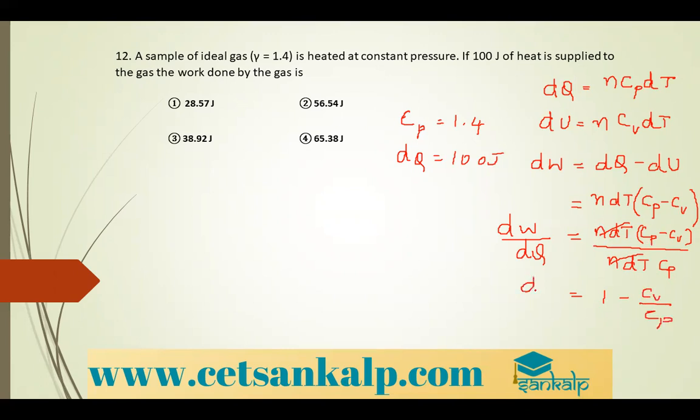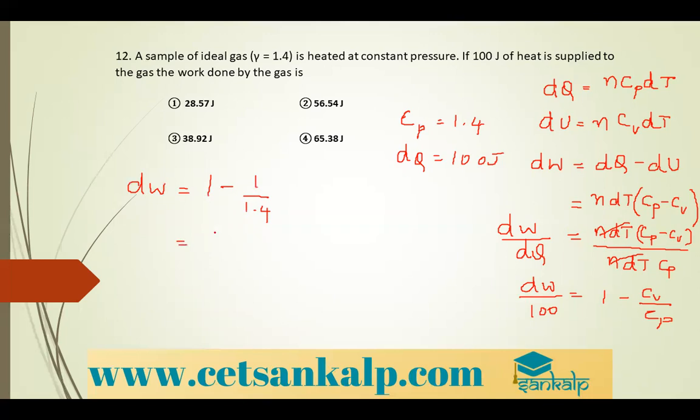So dW divided by dQ, with dQ being 100. So you can write dW is equal to 1 minus 1 divided by 1.4.